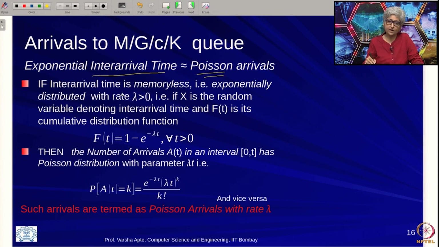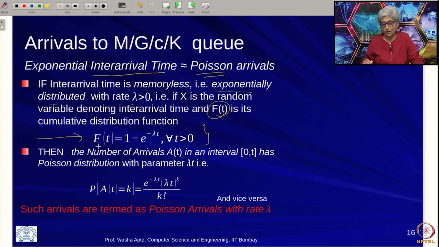Suppose inter-arrival time is memoryless, which means that it is exponentially distributed with the rate lambda, and if x is the random variable denoting the inter-arrival time and F of t is the cumulative distribution function, this simply defines what the cumulative distribution function looks like. This is just for completeness; we are not going to do this proof, I am just stating this result without proof. But I am showing you what exponential distribution means.